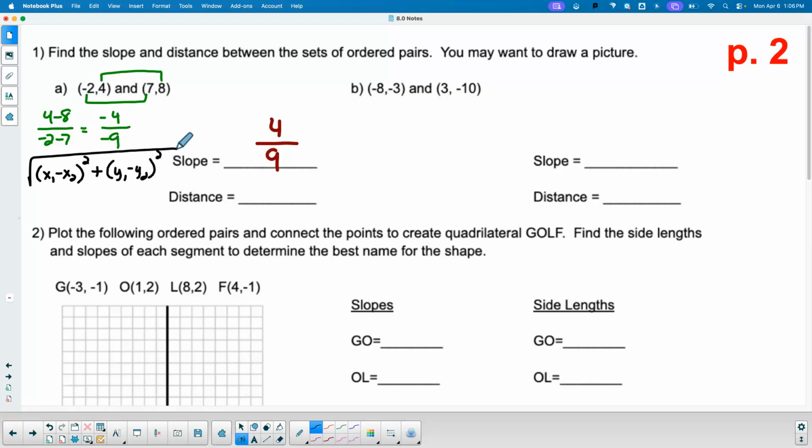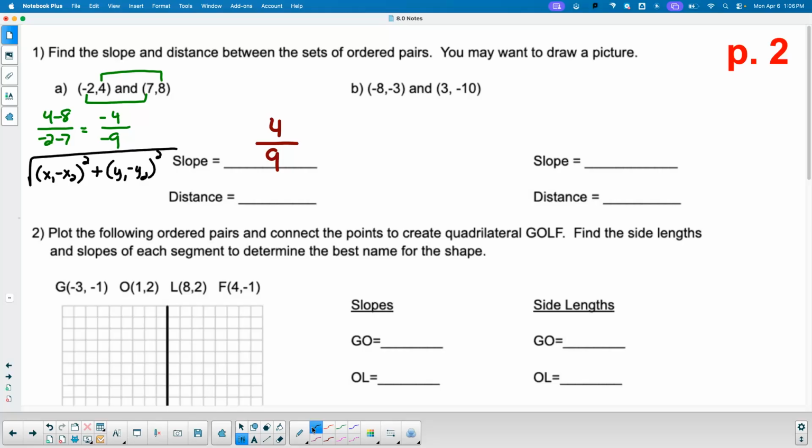If we think about the Pythagorean theorem, a squared plus b squared equals c squared, that c is what we're looking for. The a, one of the legs, is going to be the distance from one x to the other. B is going to be the other leg, and that's going to be the distance from one y to the other.